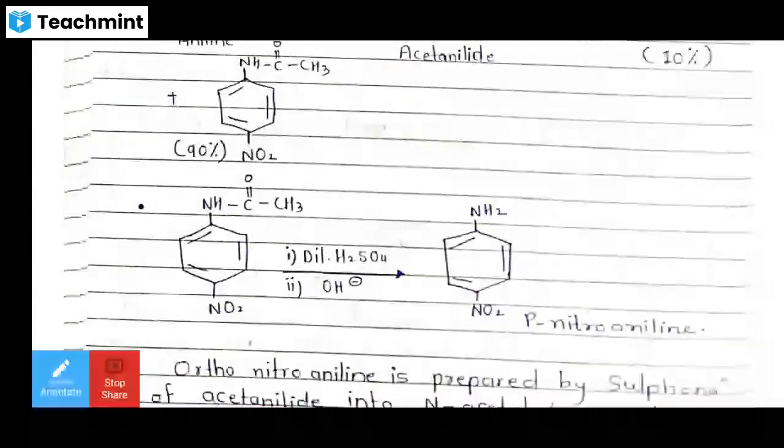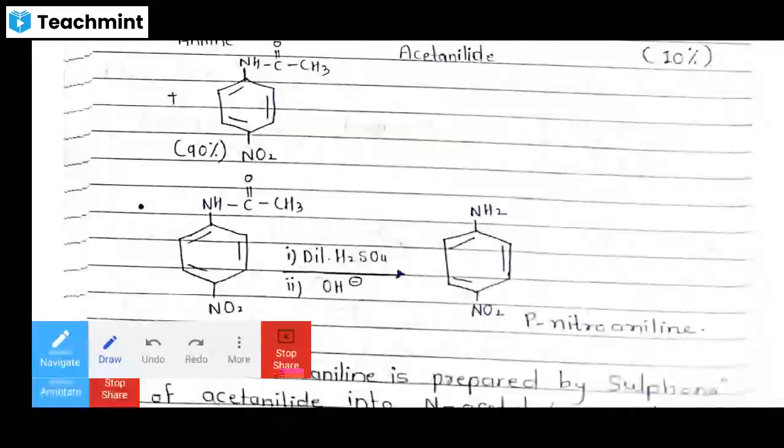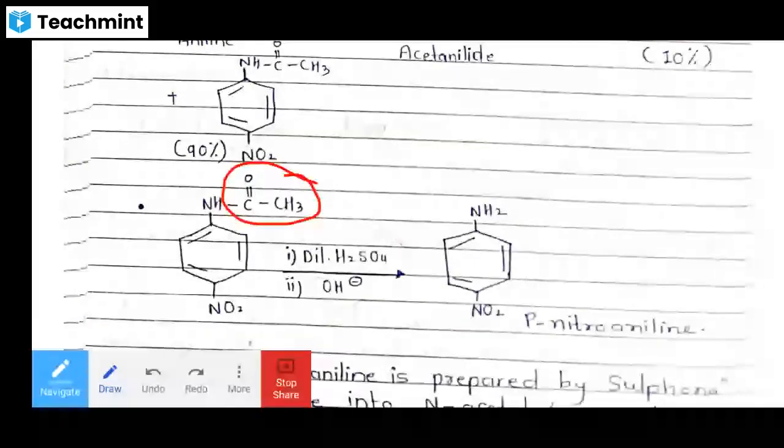So we can add it at the para position also, with dilute H2SO4 and OH minus, which act as a deprotecting agent. Deprotecting means firstly we add this group on the NH2 group so that the nitration reaction easily proceeds. Then as we complete the nitration reaction, we have to remove this group.